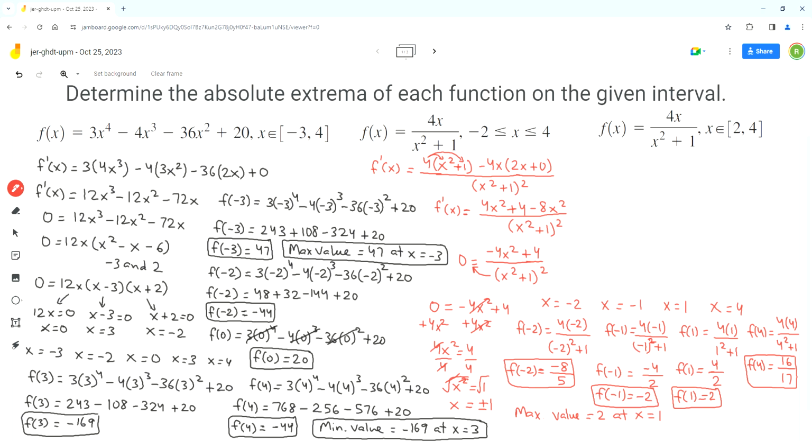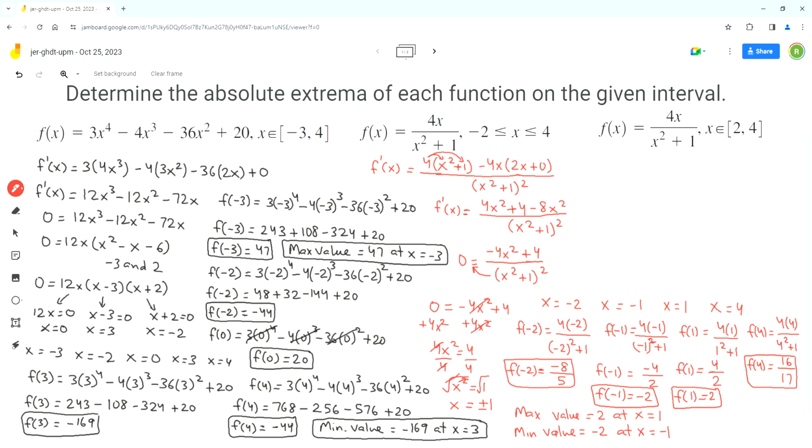And now the minimum value is equal to negative 2 at x equals negative 1. So this should be the final answer for the second function.